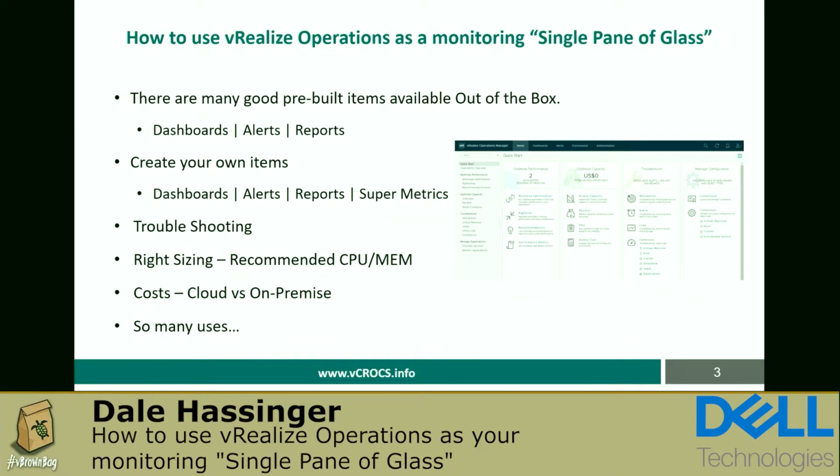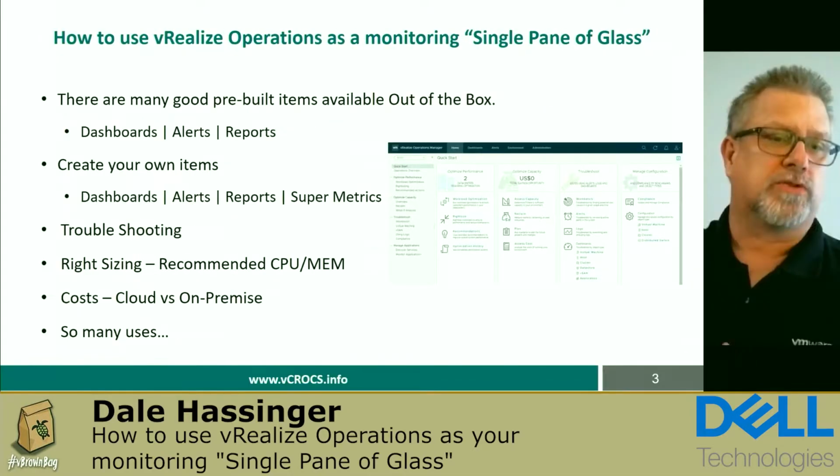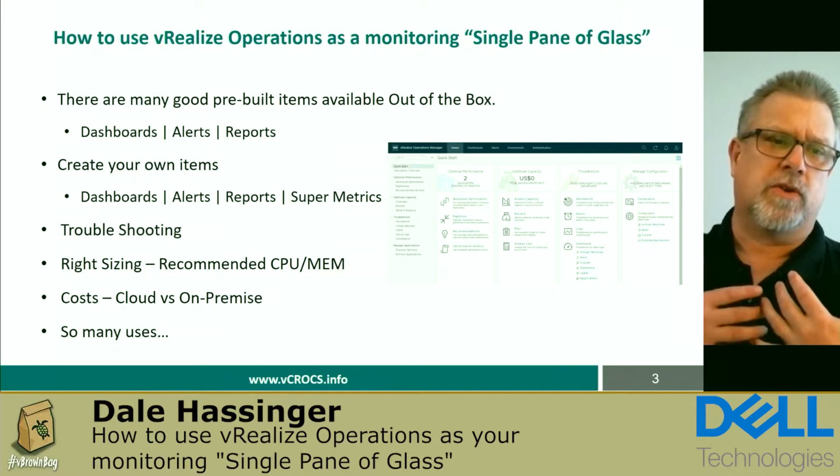So to use vROps as your single pane of glass, there's a lot of really good built-in stuff right out of the box. Some really good dashboards, alerting, and reports. And then once you become more familiar with it, start creating your own dashboards and your alerts and start looking at super metrics. And then you can use it for troubleshooting and right-sizing.